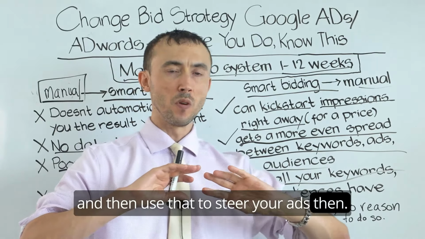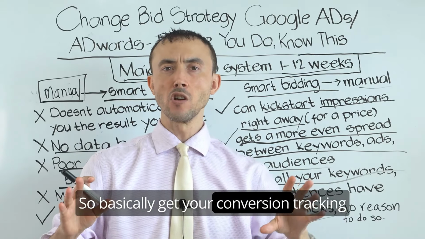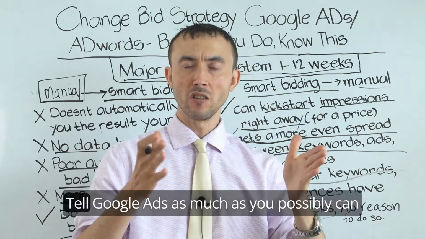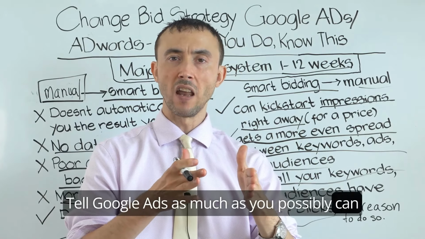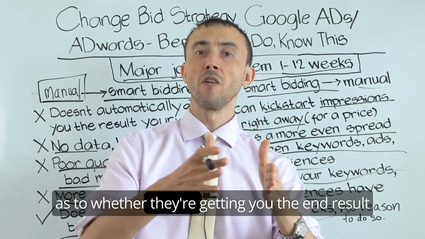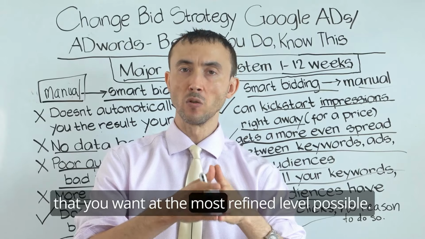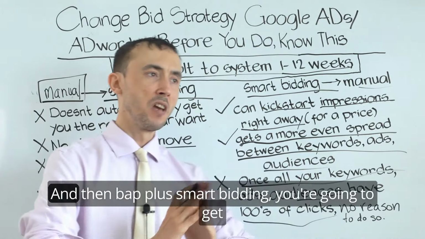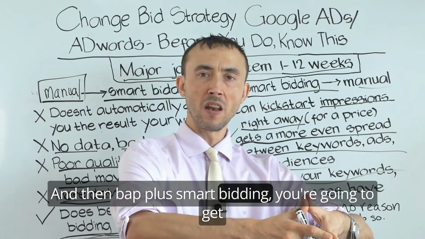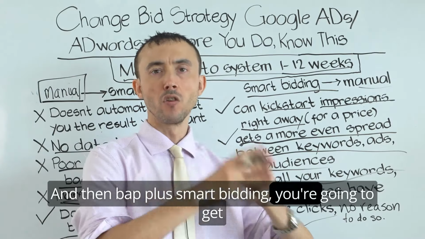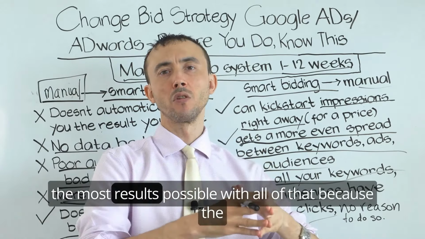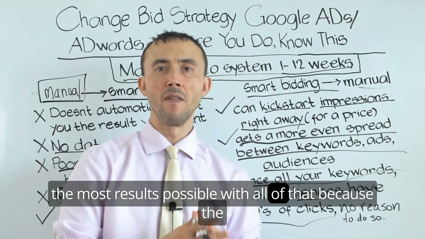So basically, get your conversion tracking to tell Google Ads as much as you possibly can as to whether they're getting you the end result that you want at the most refined level possible. And then that plus smart bidding, you're going to get the most results possible.